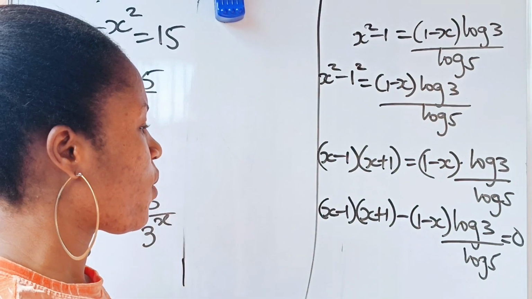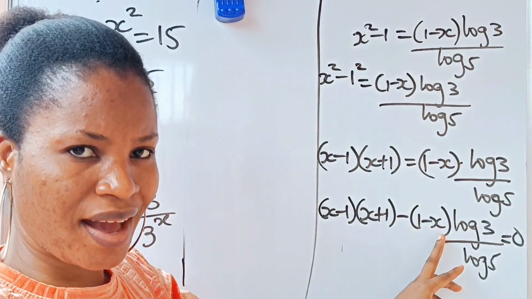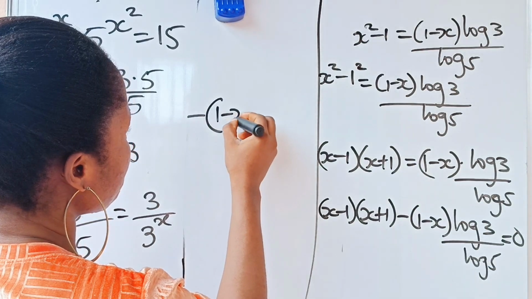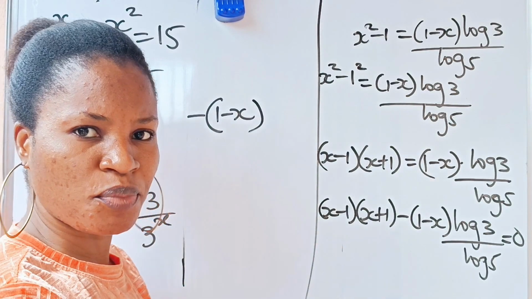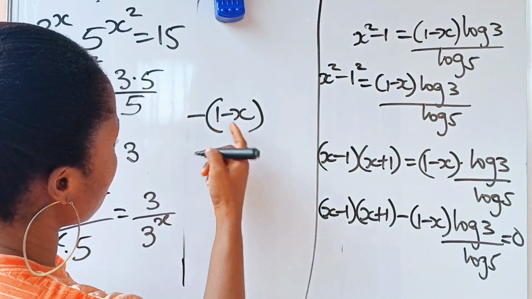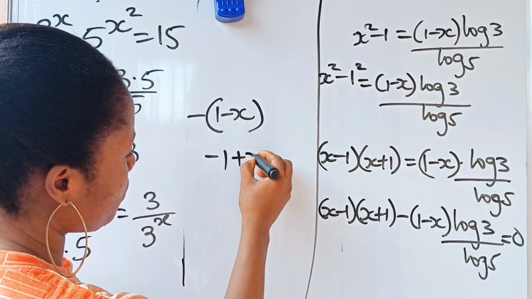Now when you look at this, notice that we have minus 1 minus x here. This minus bracket 1 minus x, I want to get this from here so that I can introduce a bracket. Minus times 1 will give us minus 1, and minus times minus x will give us plus x.